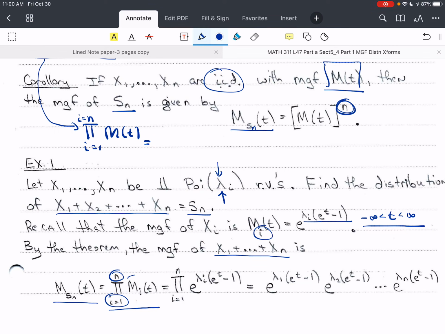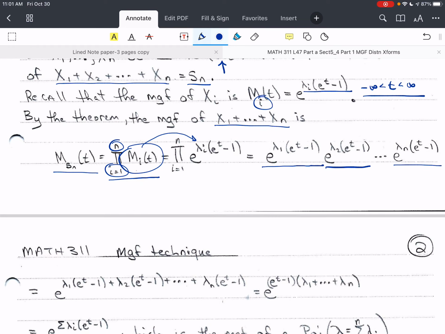And so we substitute in for m sub i of t here with our e raised to the lambda i times e to the t minus 1. And we can write out this product as e to the lambda 1 times e to the t minus 1, e to the lambda 2 times e to the t minus 1, all the way up to e to the lambda n times e to the t minus 1.